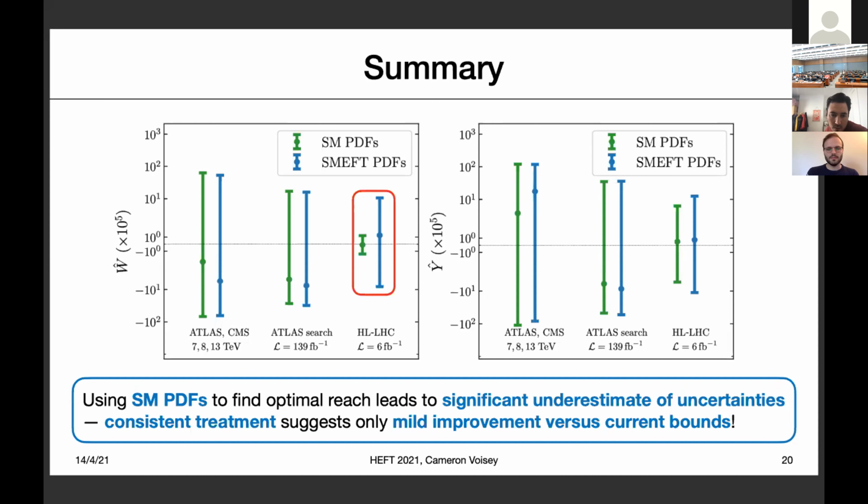What we find when we do the consistent treatment is that this is maybe misleading, because the improvement from, say, the search results to the High-Lumi results is really not quite so big. So a consistent treatment is very important here for not getting misleading results.